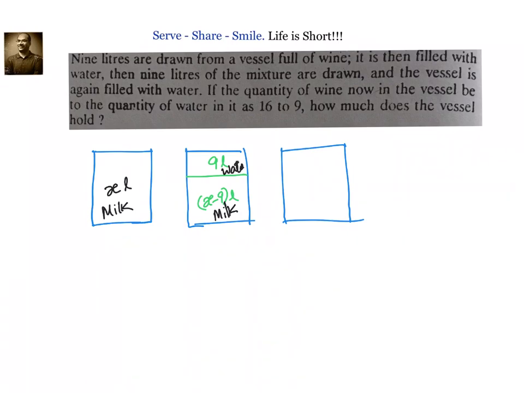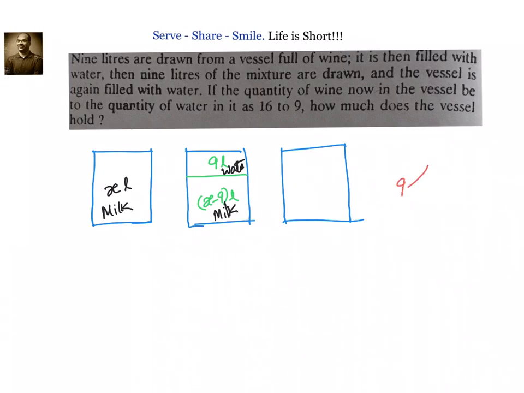Now what happened? Again we removed 9 liters. Earlier there was completely milk, so when we removed 9 liters, the milk became X minus 9. But now, how will that 9 liters be removed? It won't be removed from milk alone. It will be removed from both milk and water in their respective ratio.